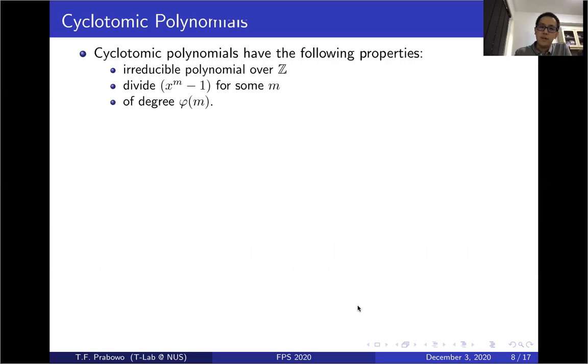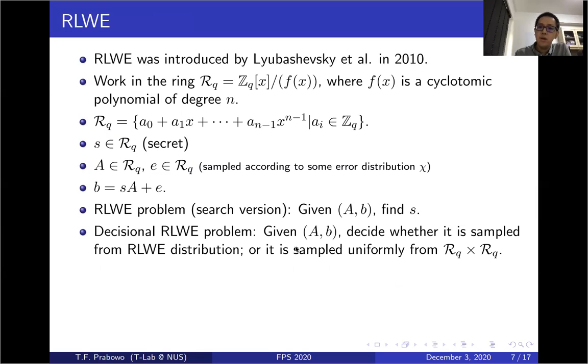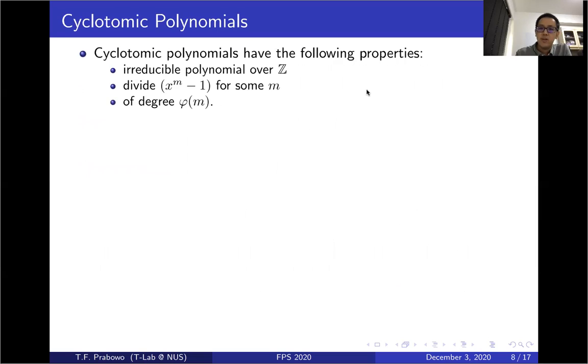Okay, so in the RLWE, the ring, we actually use a cyclotomic polynomial f. So now let's discuss this cyclotomic polynomial. You can just think of it as an irreducible polynomial over Z, meaning irreducible means you cannot factor the polynomial further.